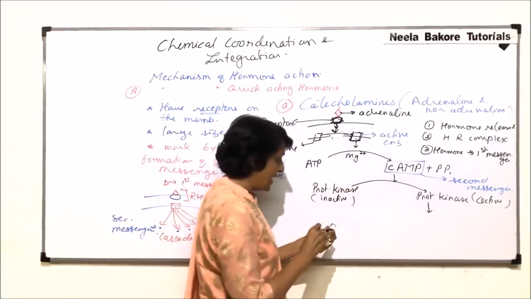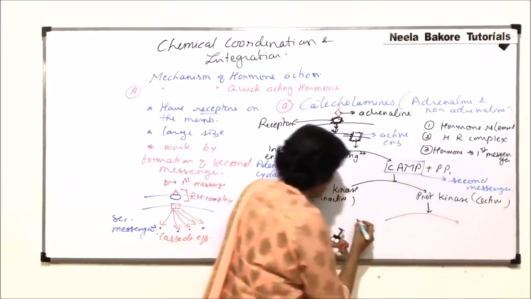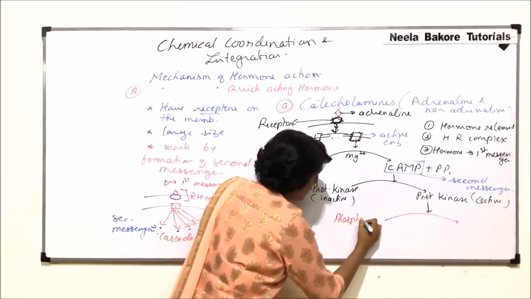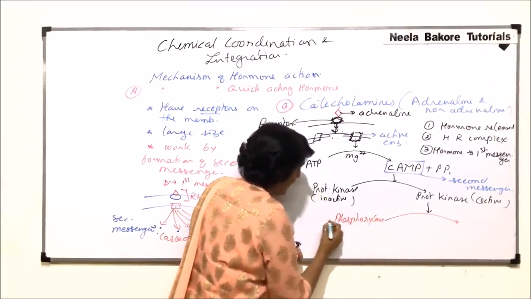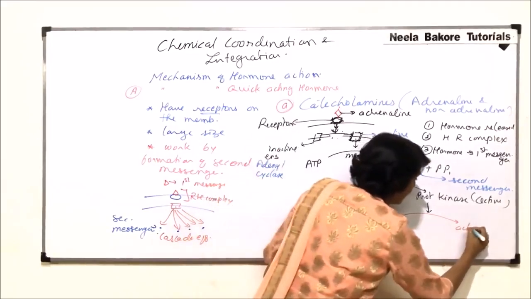Active protein kinase will help in the conversion of phosphorylase kinase from inactive to active.